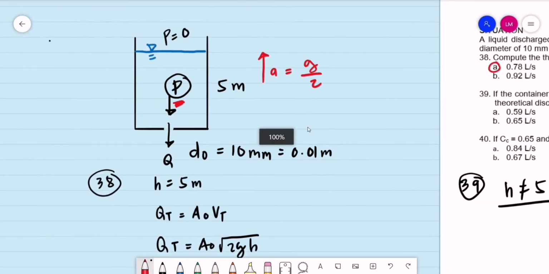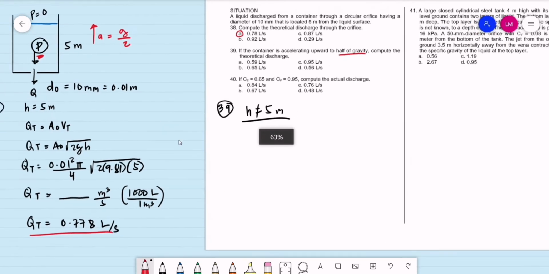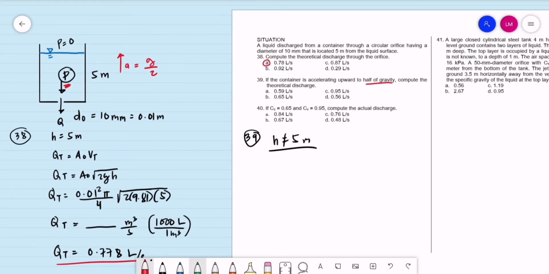Okay, paano natin kunin yung pressure sa ilalim kapag nag-a-accelerate siya upward? Recall lang natin ng konti yung lecture natin sa fluid mechanics, the relative equilibrium. Ito yung pressure is equal to gamma h multiplied by 1 plus the acceleration divided by the acceleration due to gravity, kapag upward.